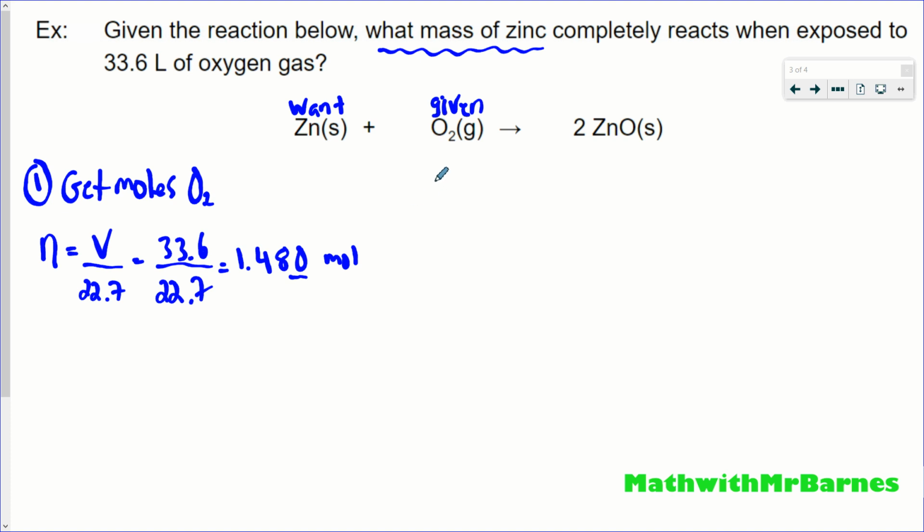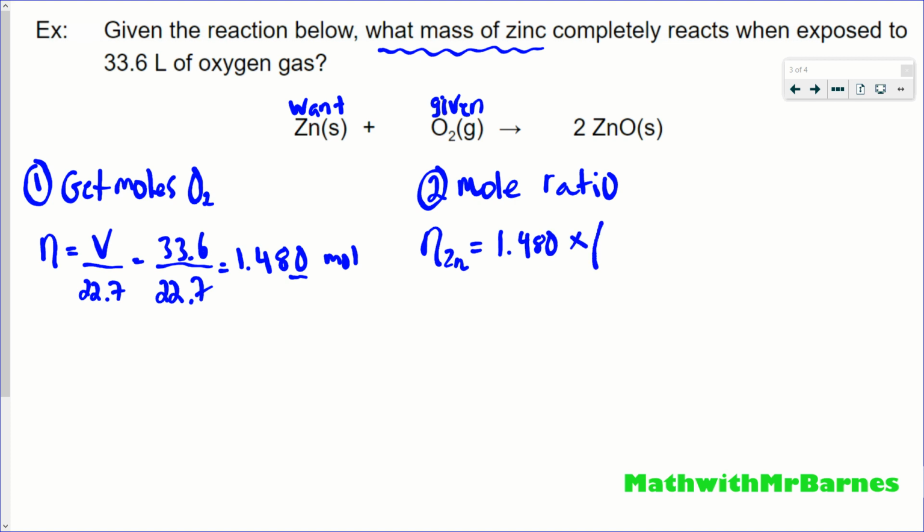So the second step is use the mole ratio to get the moles of zinc, our want. Now, if you don't remember how mole ratio works, we take the moles that we already have in the equation, and we times it by the coefficients of the want over the given.